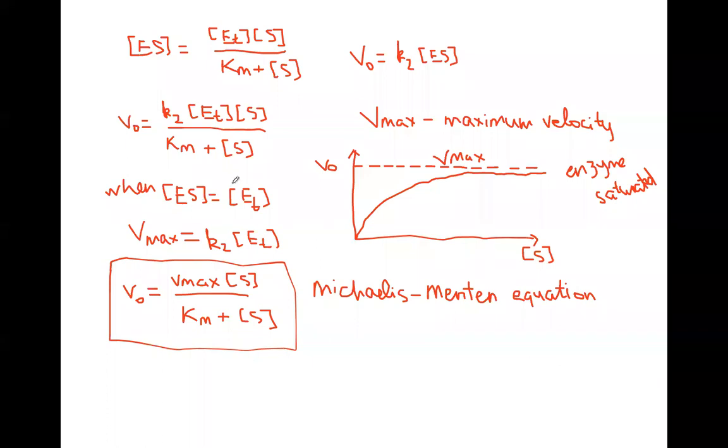So there is no free enzyme left, which means the enzyme is working at its maximum capacity. You can't make the reaction go faster by increasing the substrate concentration anymore. The same thing, that the Vmax equals K2 times E total. Yeah, so the enzyme reaches maximum velocity, or the reaction reaches maximum velocity.